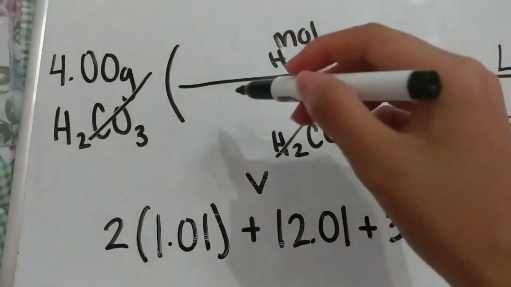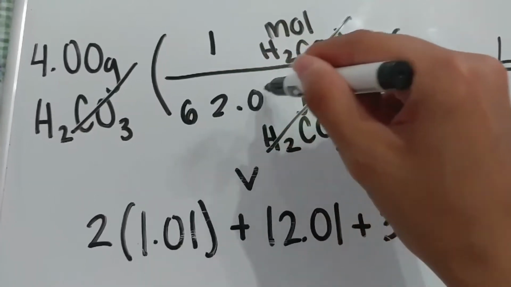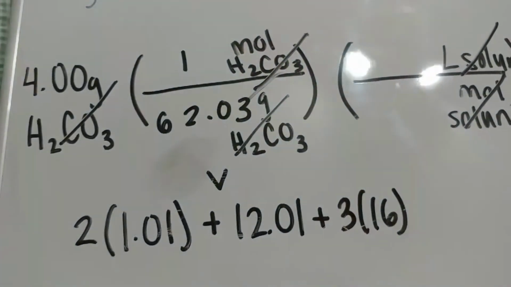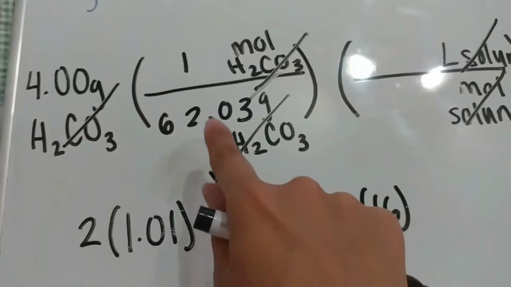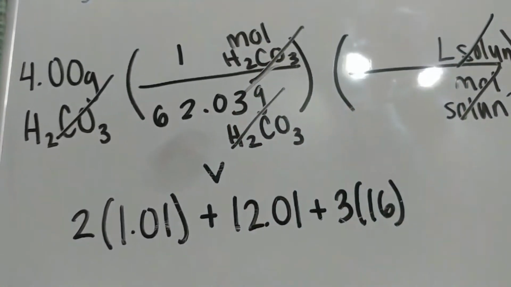So for every 1 mole, there's 62.03 grams of carbonic acid, and that's how you find the grams to mole ratio.